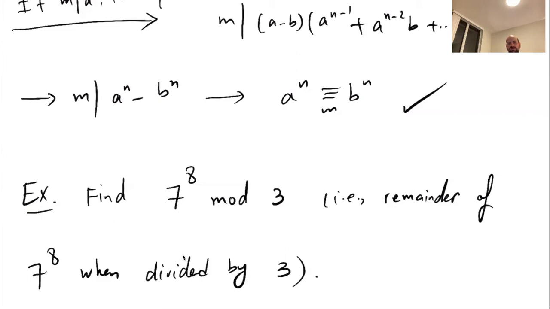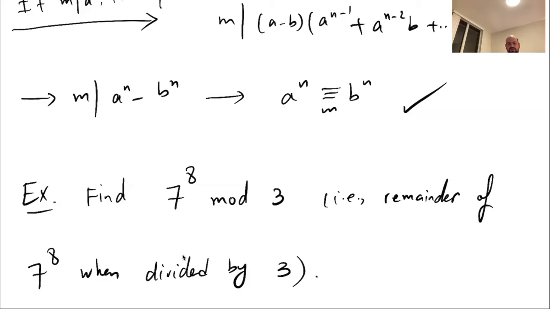How much do you think that remainder will be? But first of all, when you divide a number by 3, please note that the remainder has only 3 possibilities. It will be either 0 or 1 or 2. There is no other possibility, right? Remember that remainder is always bigger than or equal to 0 and less than the divisor. So if your divisor is 3, then the remainder will be either 0 or 1 or 2.